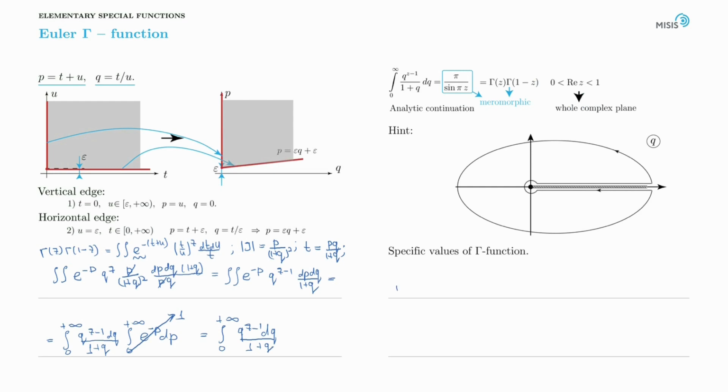First, the gamma function of 1, which is just a trivial exponential integral, which is 1. And then the gamma function of 1/2. So it's a simple integral.